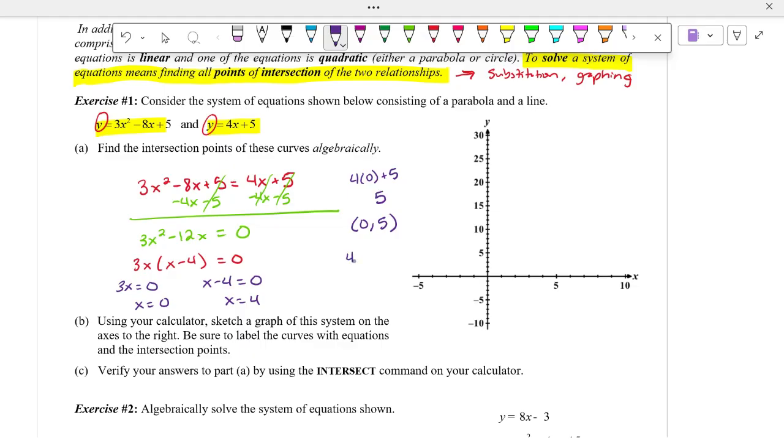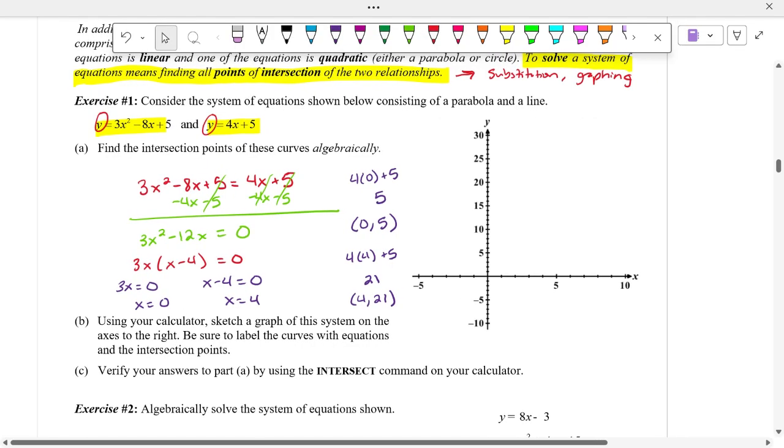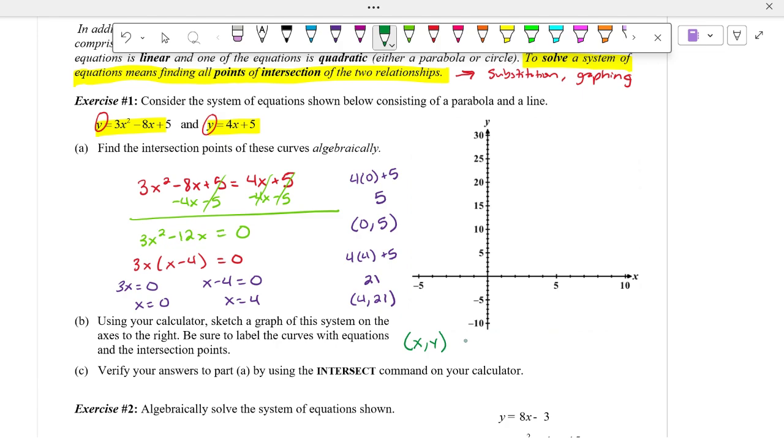And then 4 times 4 plus 5, that's 16 plus 5, which is 21. So (4, 21) is our other solution. So if we wanted to write this, we would say (x, y) is equal to (0, 5) and (4, 21).